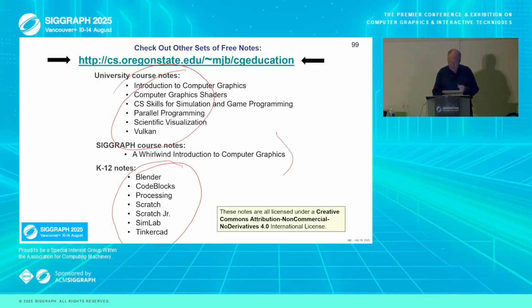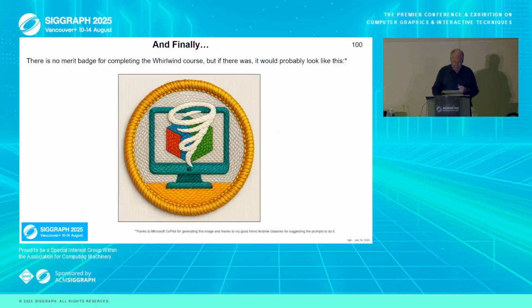And finally, on the goofy side, if there was a merit badge for this class, and there isn't, but if there was, it would look like this. And I can't take credit for this. Andrew Glasner, who's teaching courses tomorrow and the next day, came up with this idea of designing a merit badge, and he used Copilot, and he gave it some prompts about, hey, design a merit badge that looks like this, and Copilot knew what merit badges look like.